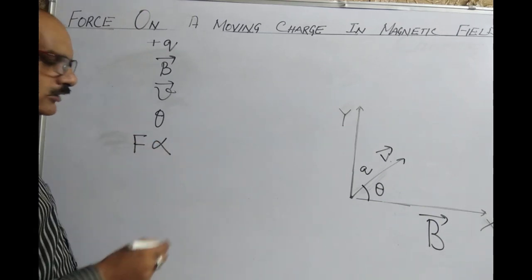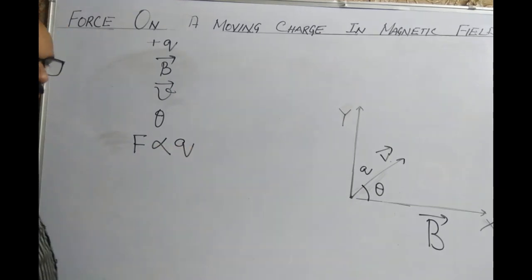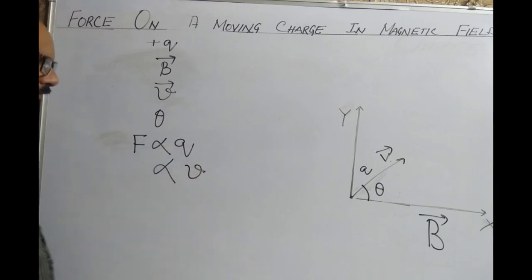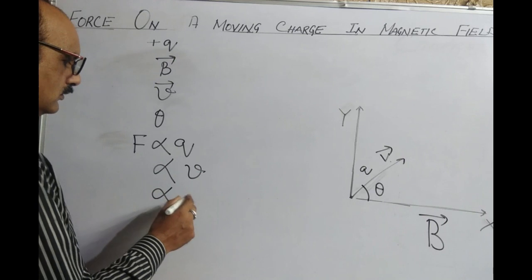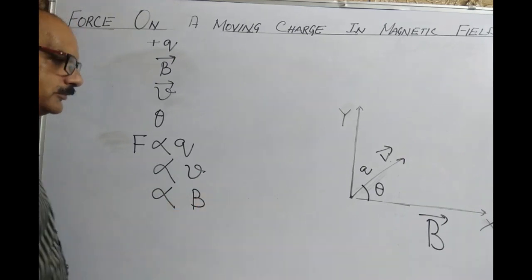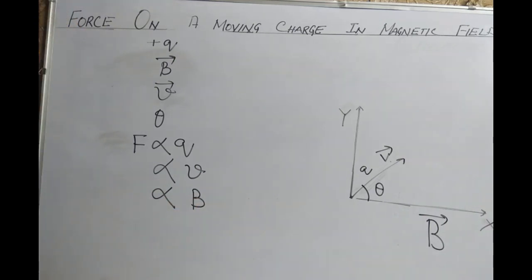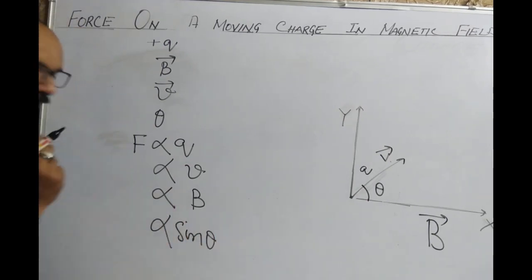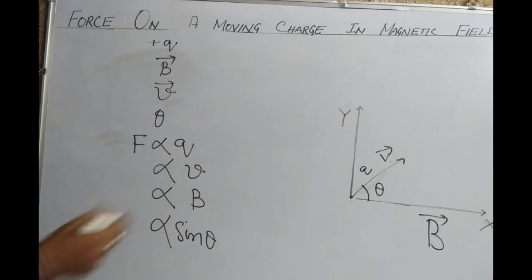is directly proportional to the magnitude of the charge, the magnitude of the velocity, the magnitude of the magnetic field, and sin theta, where theta is the angle between the velocity vector and the magnetic field vector.